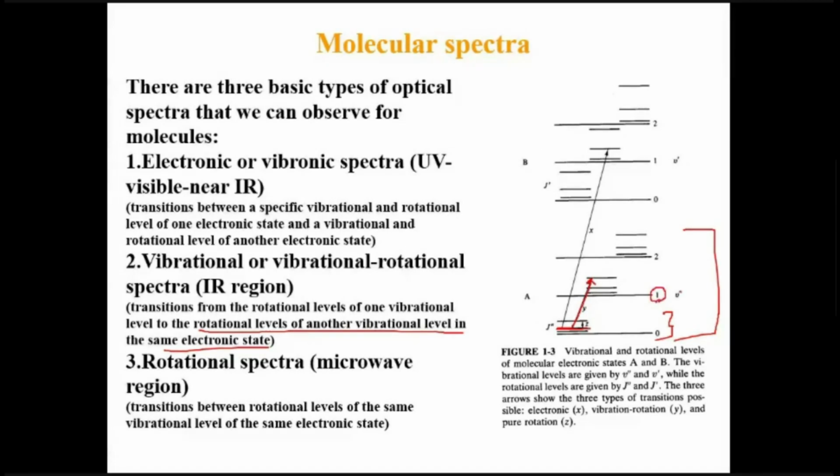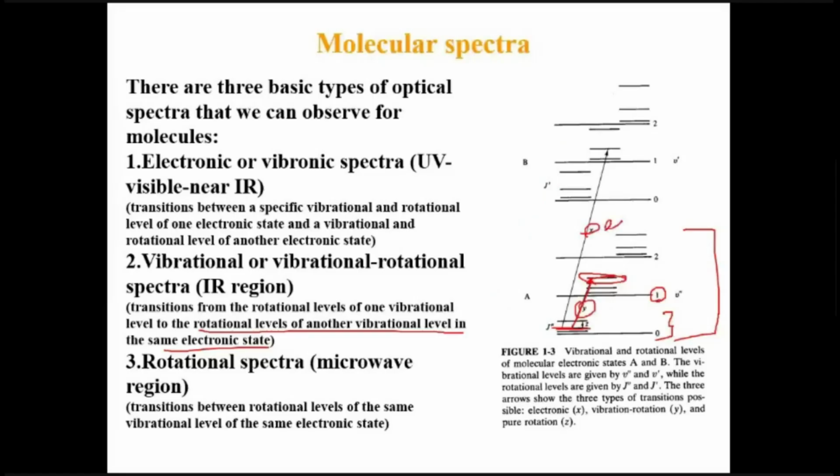We are at a different vibrational level and a different rotational level. Here it was at, say, the third line, here it is at the fourth line. So even the rotational level is different, and the vibrational level is different. It is given by Y. The previous one was given by X. X is electronic, Y is vibrational and rotational.